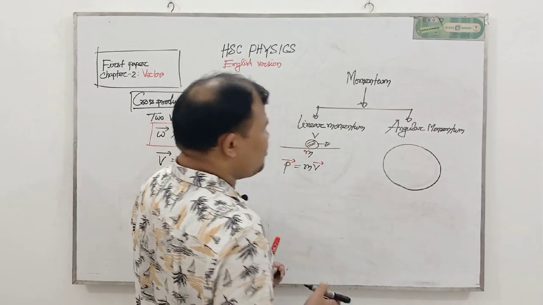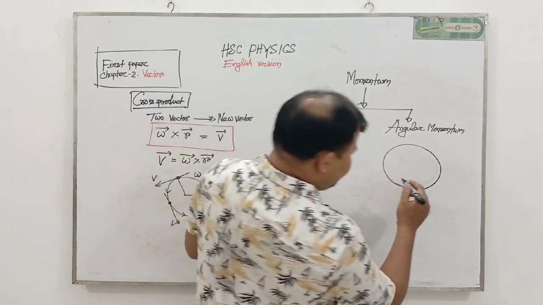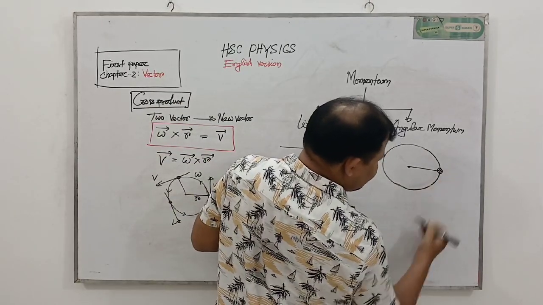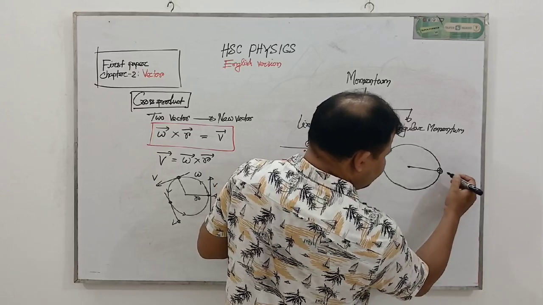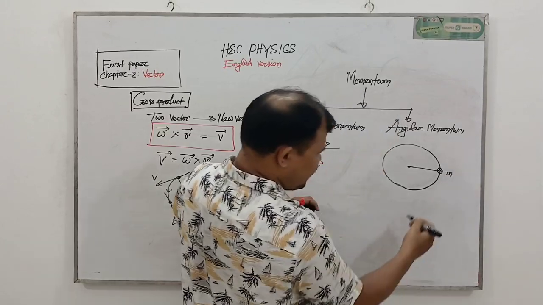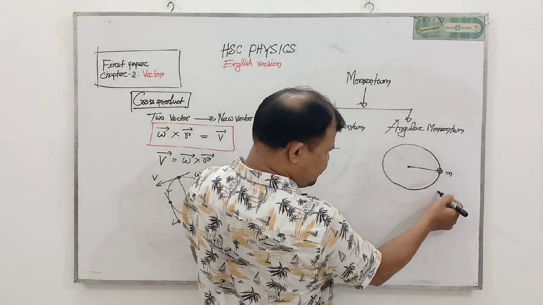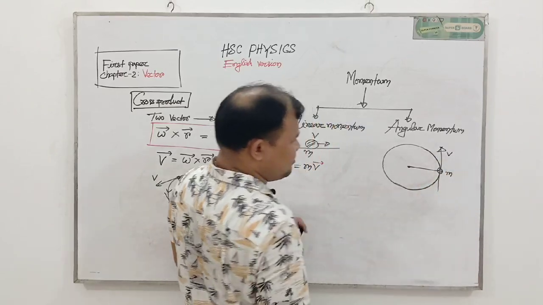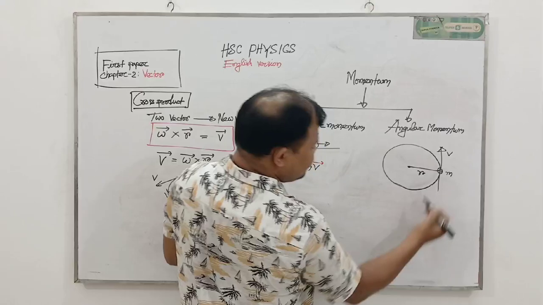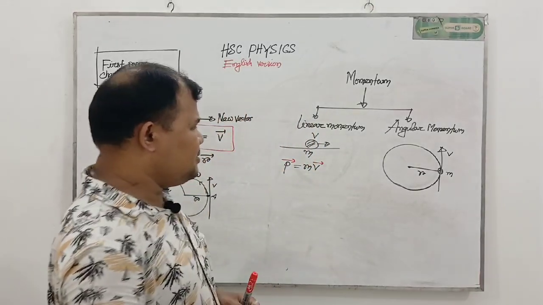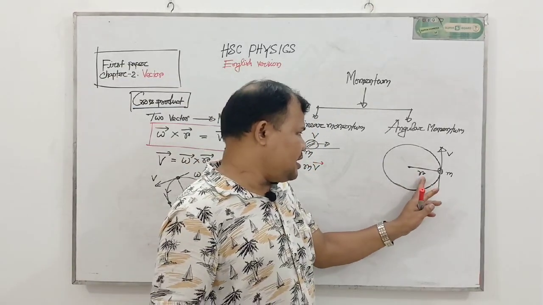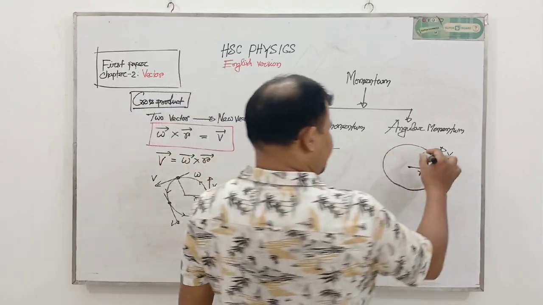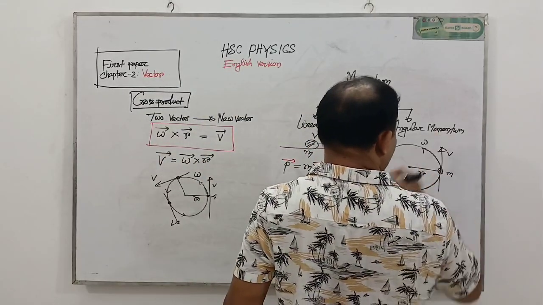what is angular momentum? Suppose here is a body, okay, this body has mass, and at point A if we draw a tangent, then this tangent represents the linear velocity, and r is a radius vector, okay, and this direction represents the angular velocity.